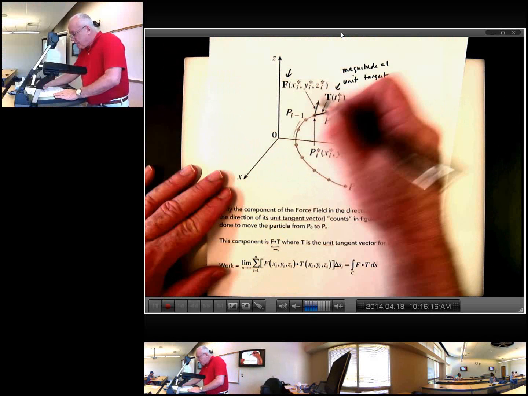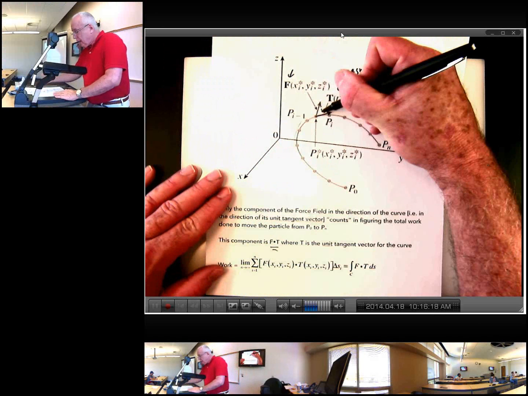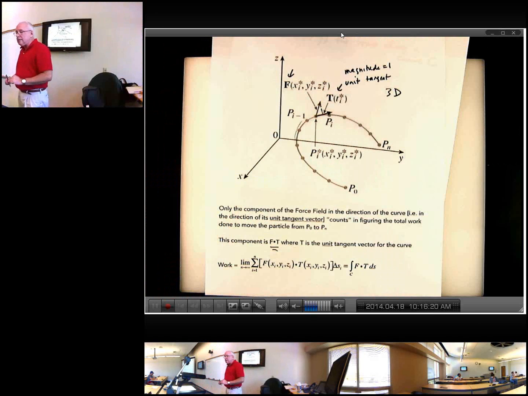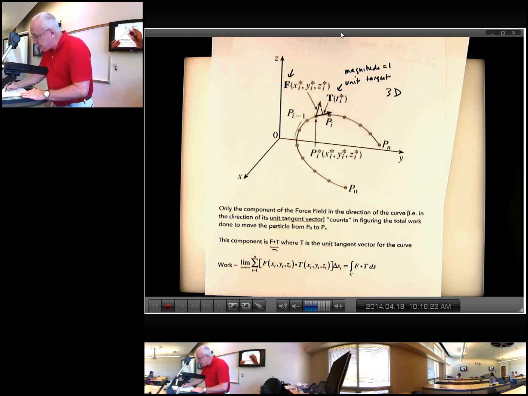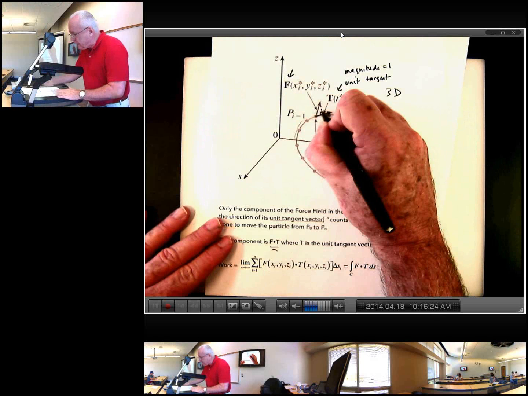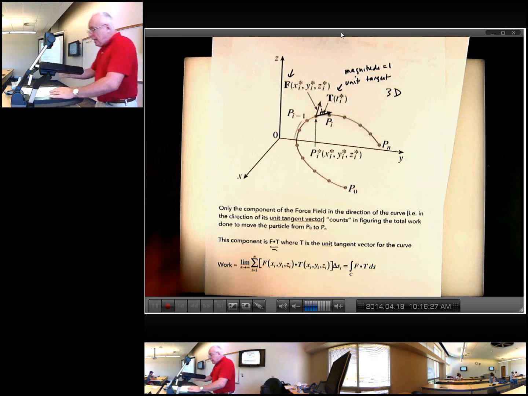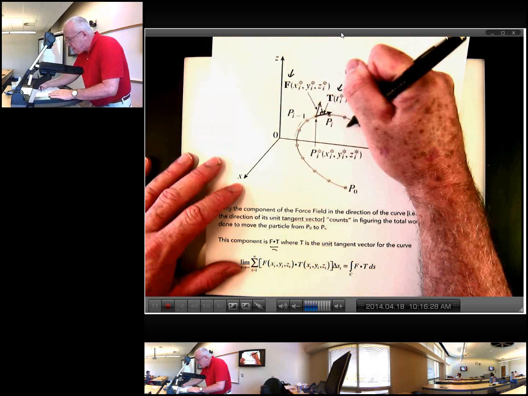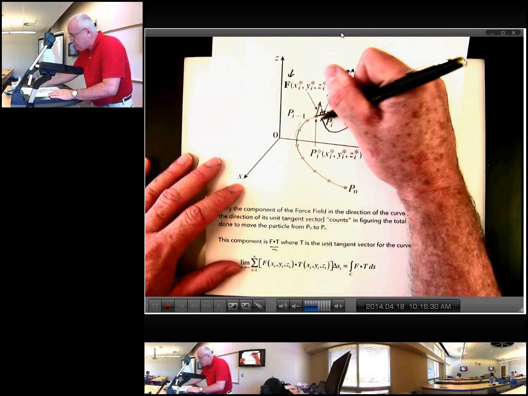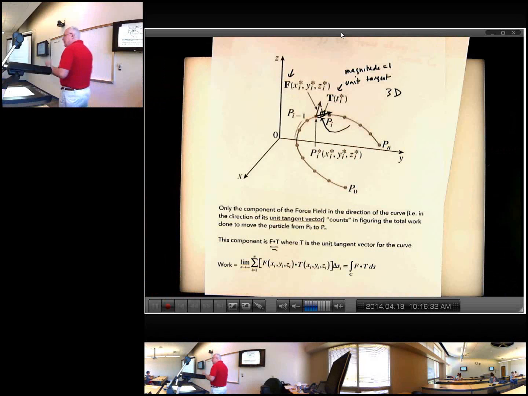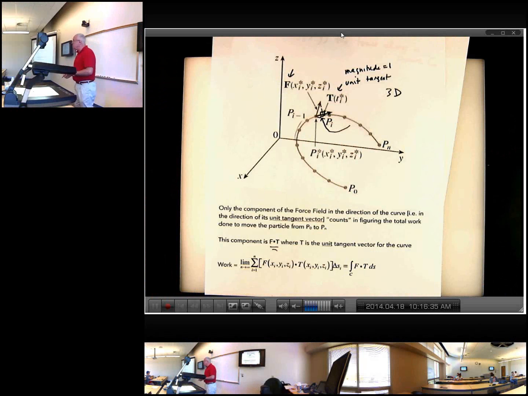So I could take a line down that is perpendicular to my tangent vector, and only this small part of the force is what's going to actually count in calculating the work done.